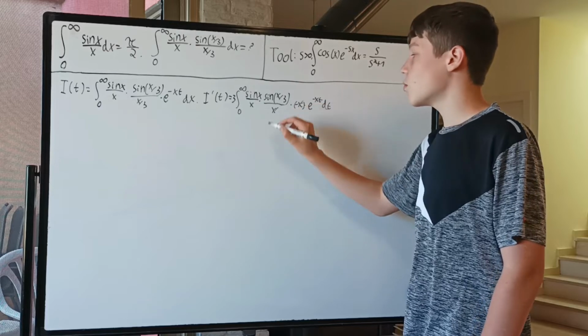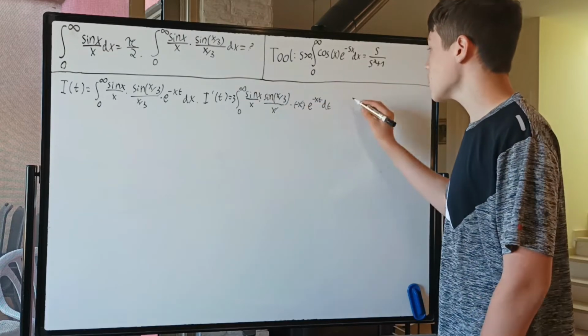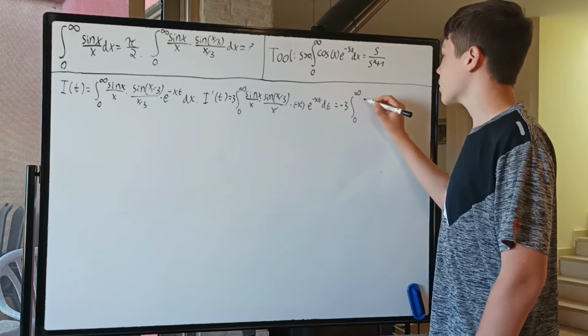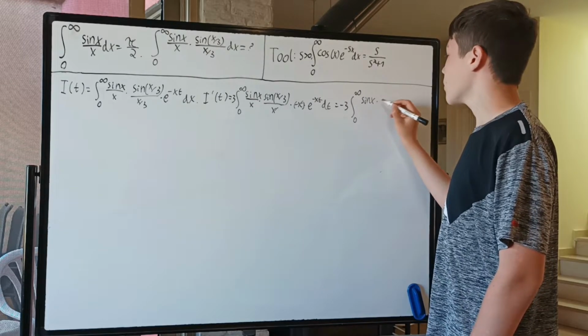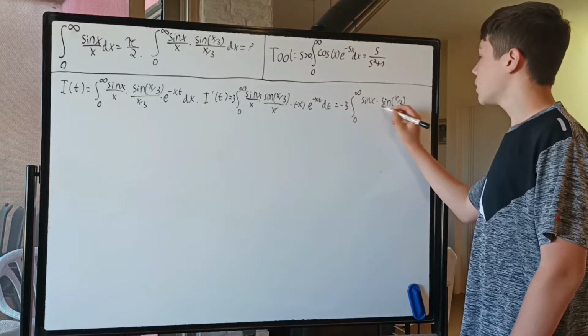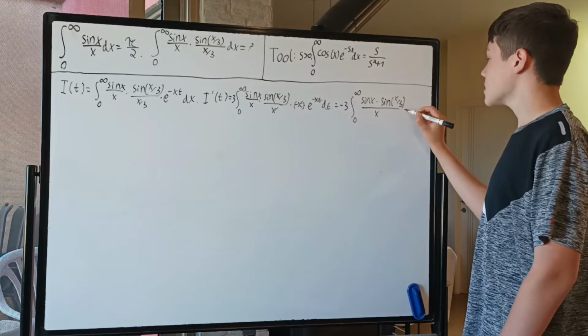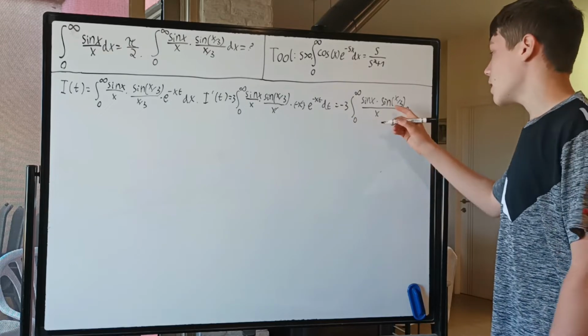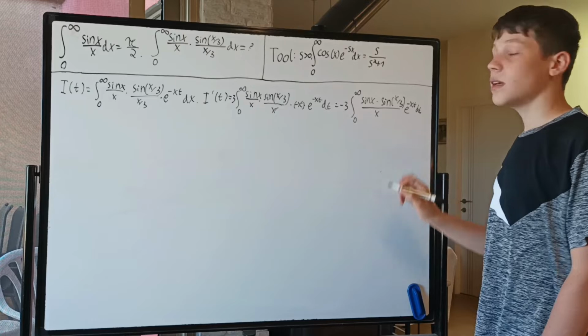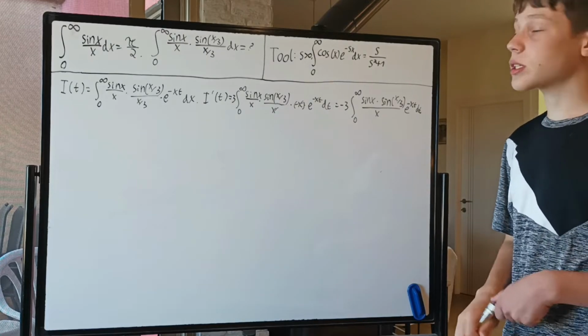Now notice, one of these x's canceled out. I'm going to write what's left. So now it's just the product of these sines divided by x times e to the negative xt dt. And we almost got rid of it.